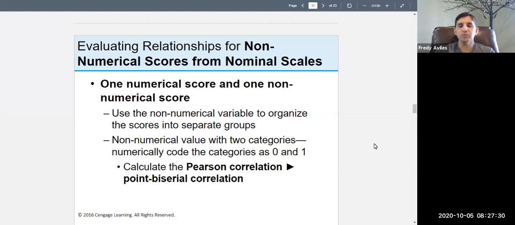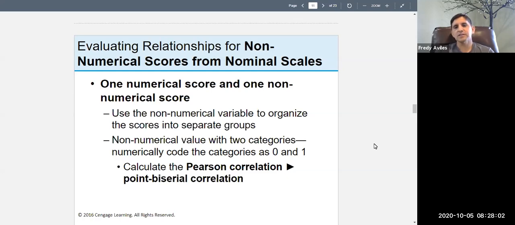You use the non-numerical score, the one that's a category, to organize the scores into separate groups. The non-numerical value with two categories can be coded as 0 and 1. To put that simply, for the variable that's a category, let's say male and female, you assign a 0 or a 1 to the categories.